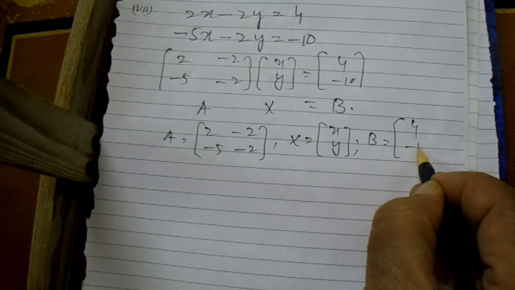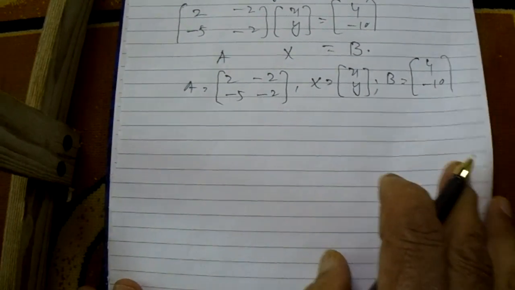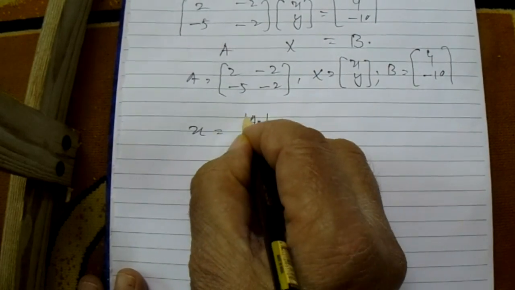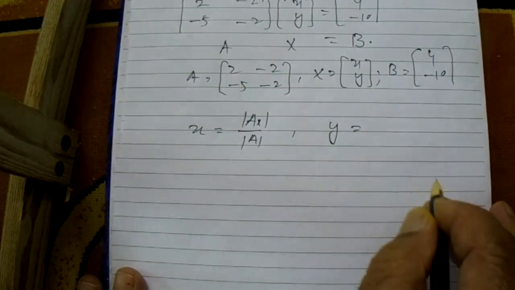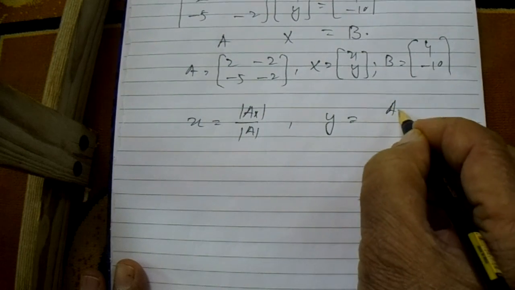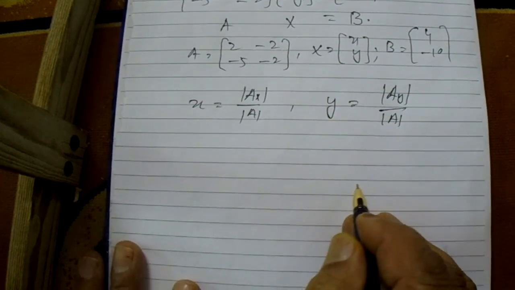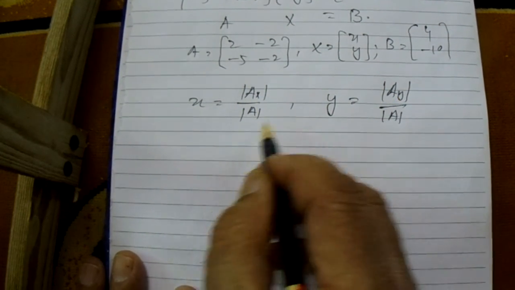Now in Cramer's rule we know the formula: x is equal to determinant Ax over determinant A, and y is equal to determinant Ay over determinant A. First we will find the determinant of A, then we will find determinant Ax and determinant Ay.